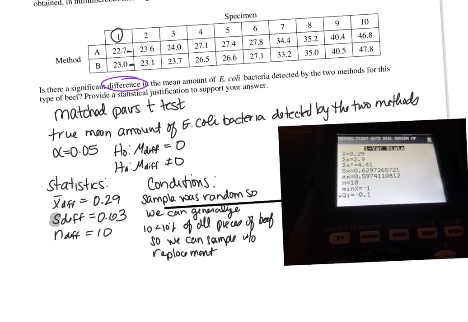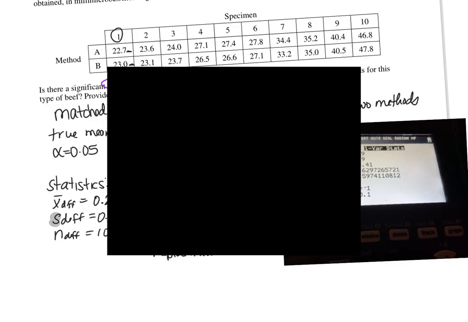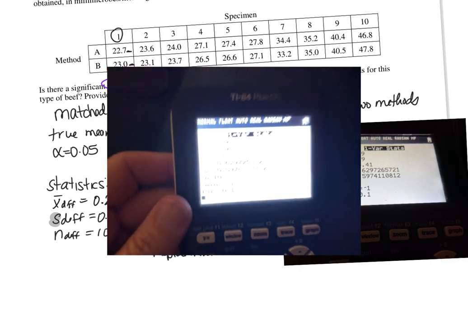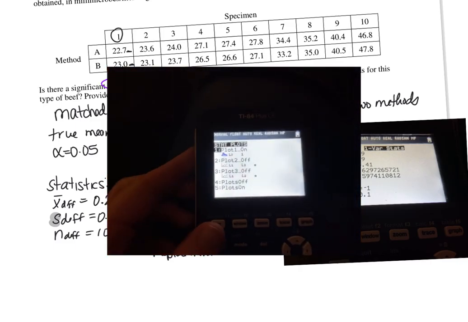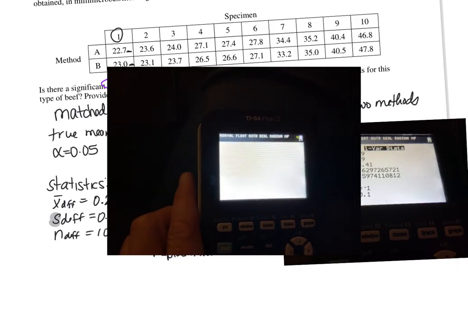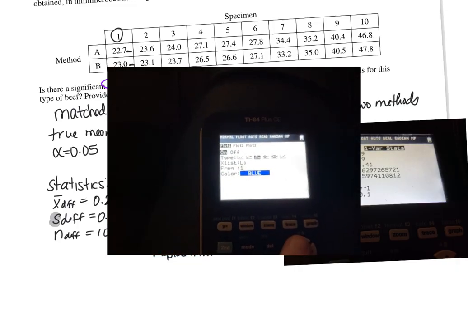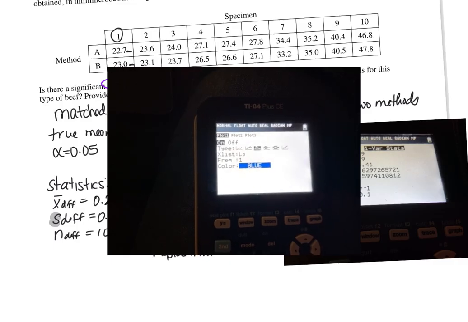And then we don't have n greater than 30, so we're going to have to go back to our calculator. Okay. So in the calculator, there we go. We're going to go second stat plot. And I already have it on. I already have it selecting the histogram and L3.